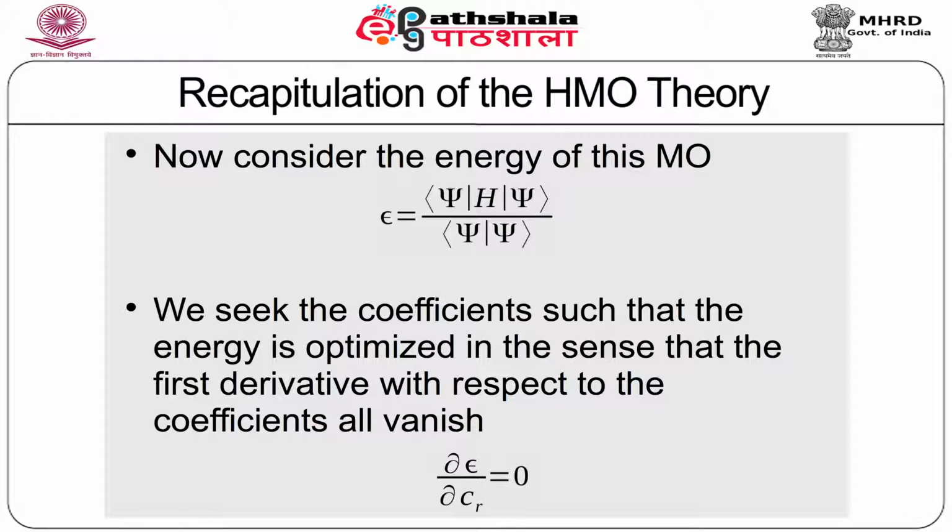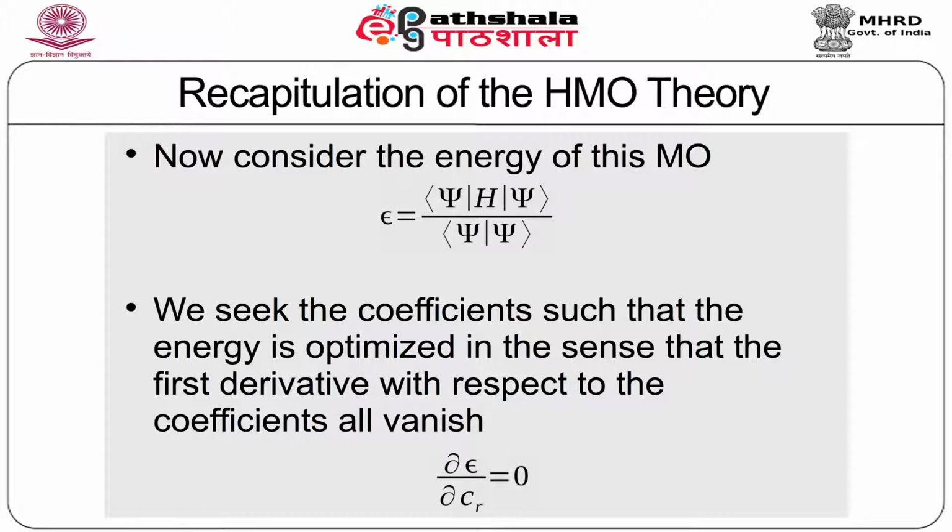Consider the energy of the molecular orbital. This energy has to be written as the integral of psi H psi divided by the integral of psi psi. That is, in the numerator we have the matrix element of the Hamiltonian involving the molecular orbital wave function psi, and in the denominator we have the overlap integral of the molecular orbital.